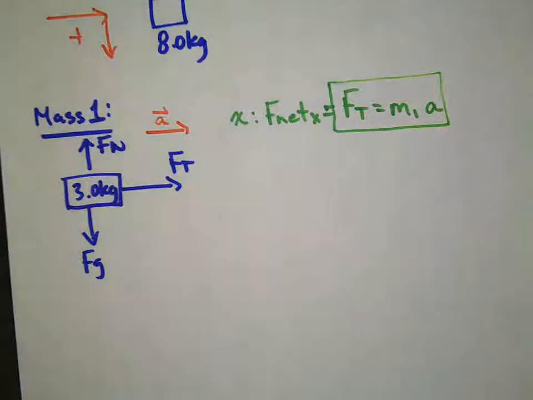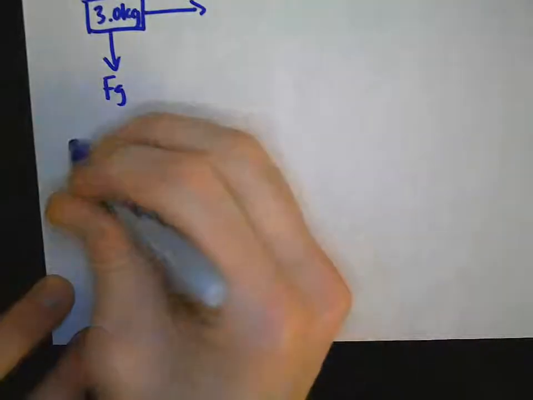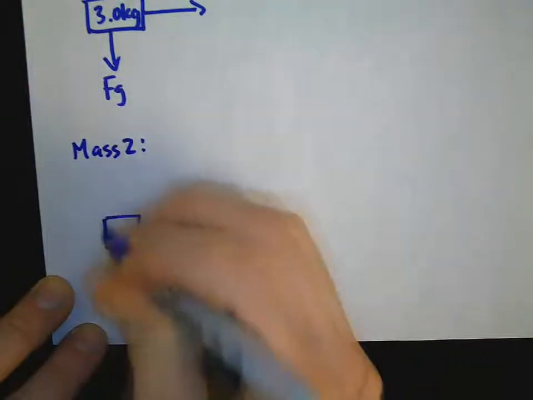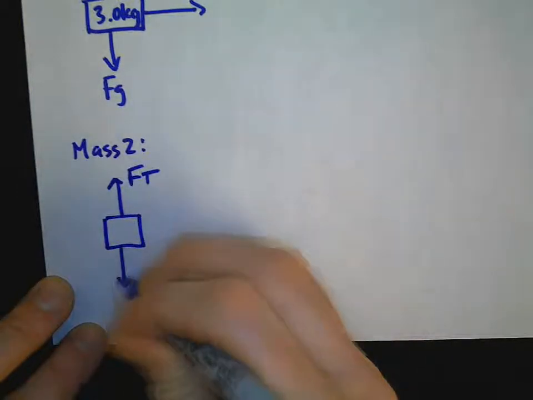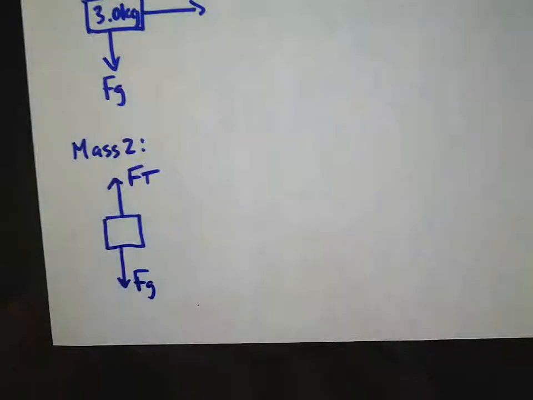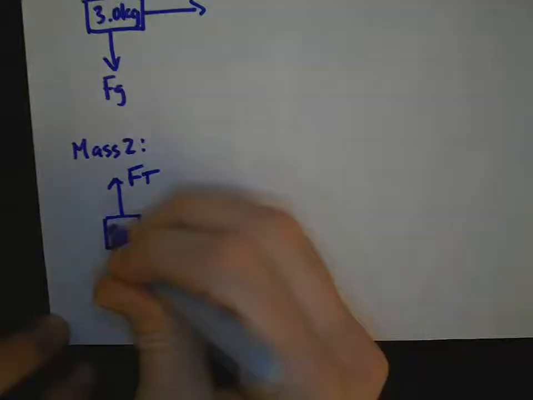If I think about the motion of mass 2, my free body diagram, we have some tensional force in the upwards direction, and we will also have the force of gravity acting down on our 8 kilogram mass.